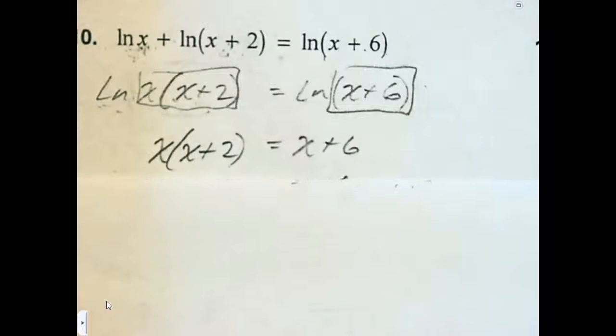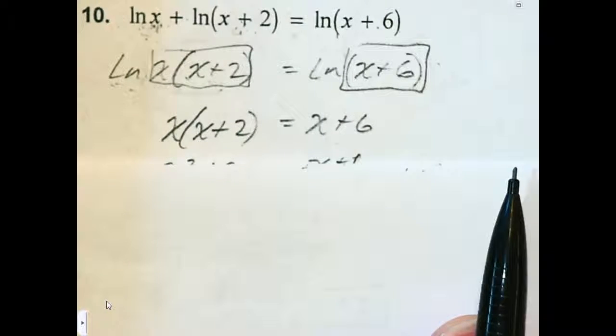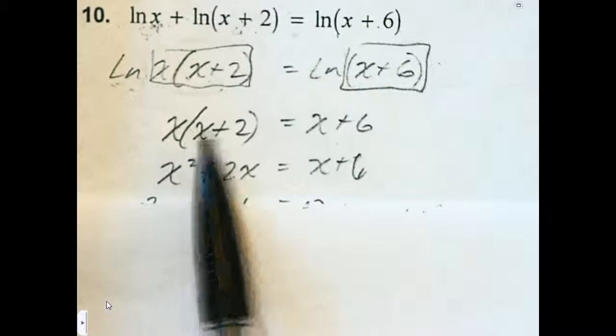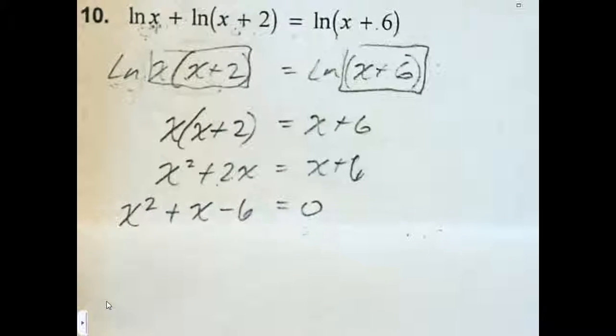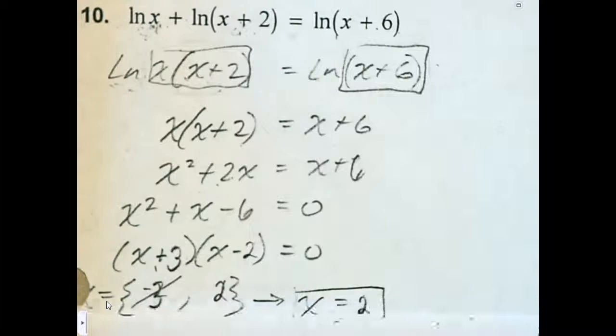And then from there, you just have a simple quadratic. A couple months ago, simple quadratic didn't exist. Now you're like, thank goodness for a quadratic. No logs? Man, that's great. X squared plus 2x, get it set equal to 0. Factor and solve, just like the good old days.